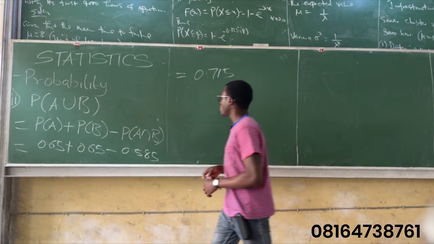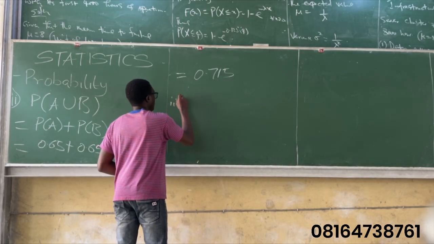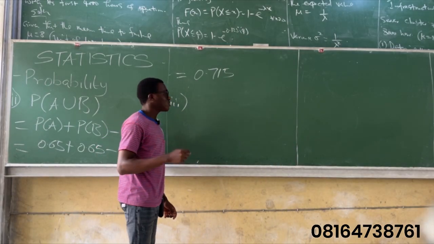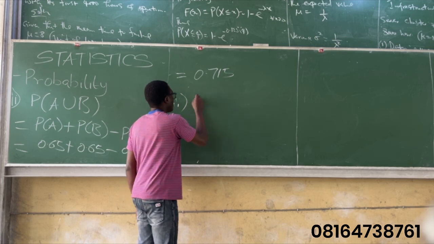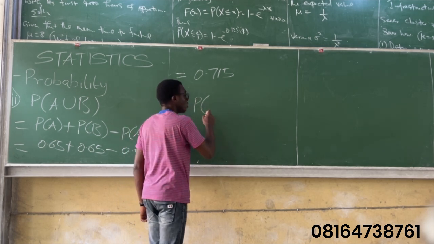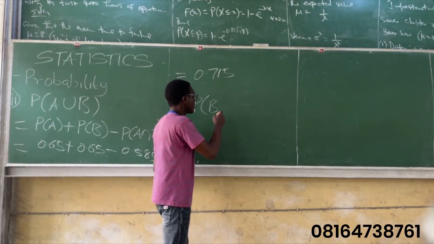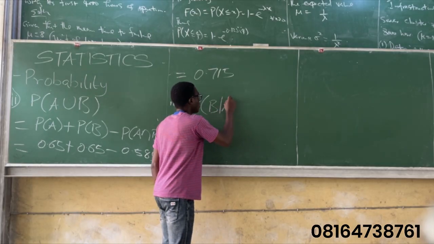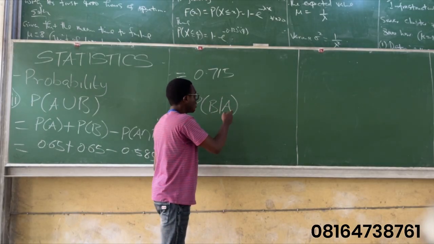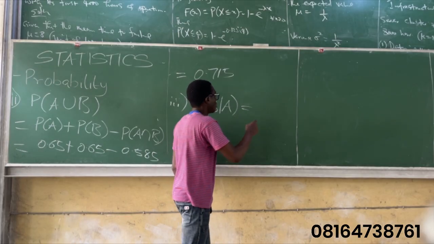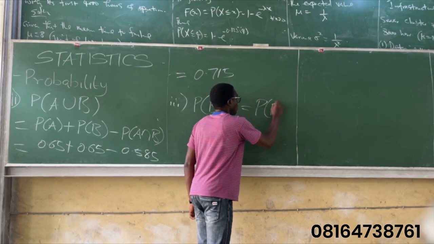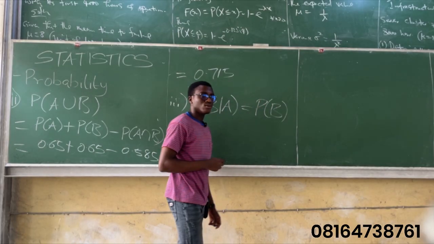Now, mathematically, for an independent event, we have that the probability of one event occurring, for example, probability of B, given that the second one has occurred, probability of A, is equal to the probability of the first event alone.